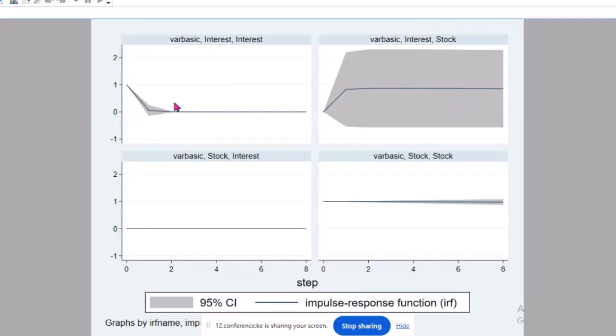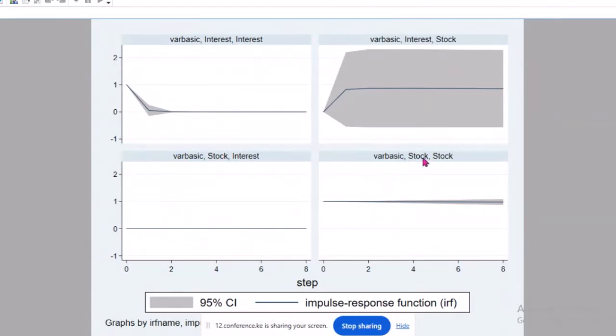Then if we shock stock prices, what will happen to the interest rate? You can see there is no change. It remains at 0. It means that a change in stock prices does not have an effect on interest rate. Interest rate remains constant at 0. And then we go to the last one.